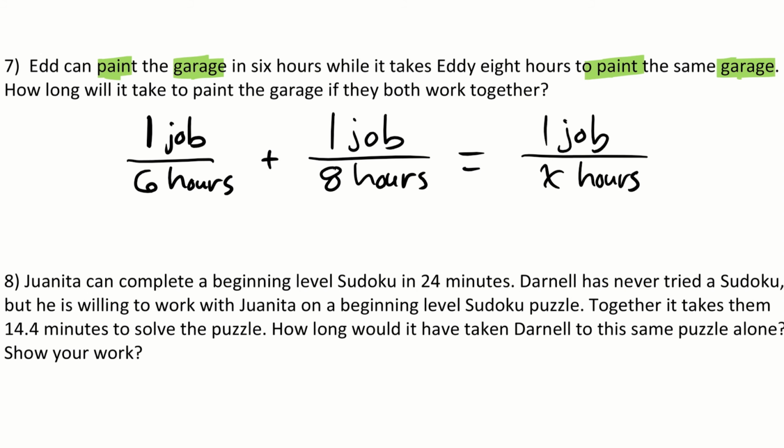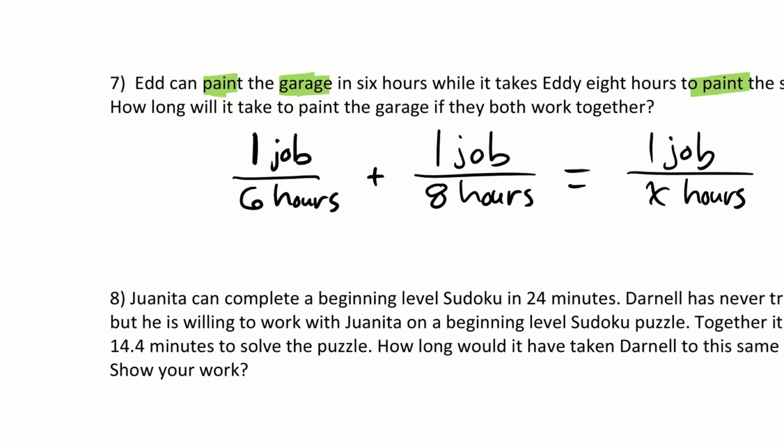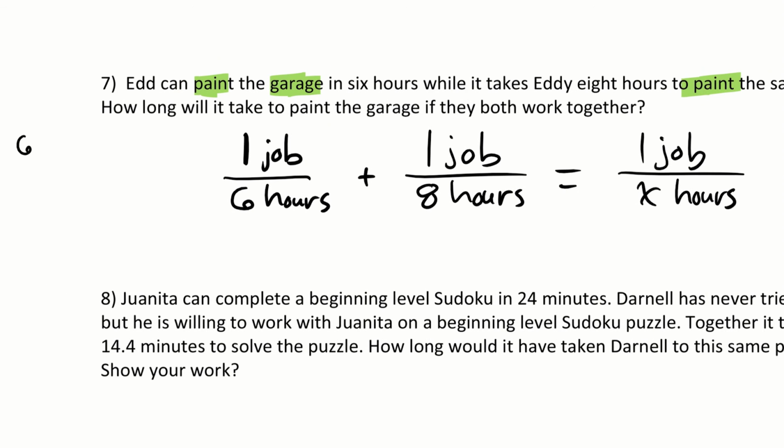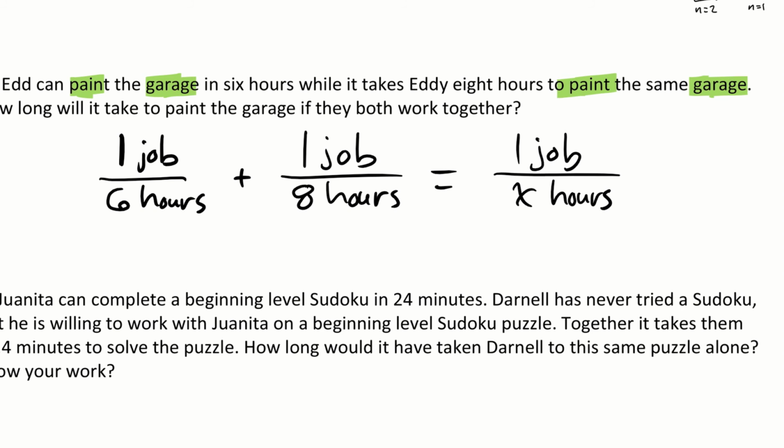I could do 6 times 8, which is 48. But if I observe that 6 is 2 times 3 and 8 is 2 times 2 times 2, the smallest value I can get away with needs 3 factors of 2 and a factor of 3. So I could go with 3 times 8, or 24. I could clear all of these fractions by multiplying both sides by 24x.